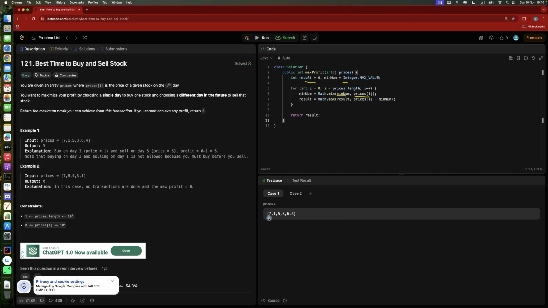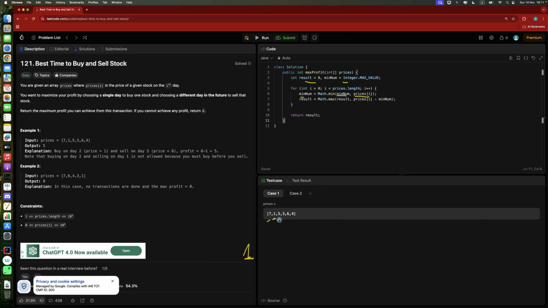For example, we will come here, it will be 7 first, the minimum number here will be 7, right? Then when we are here, it will be 1, right? The minimum number will be 1. And when we are here, here, here, and here, it will still be 1 because it's the smallest number.